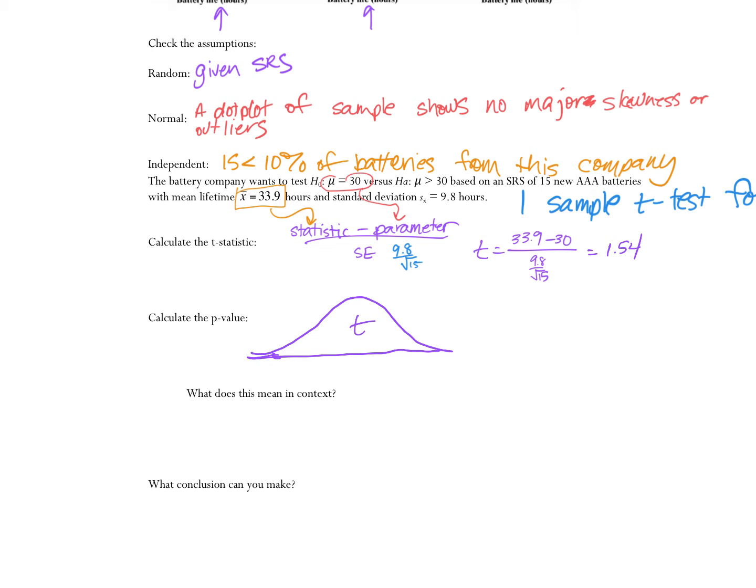And what we always wrote down was the mean of our t's, which is 0, because the mean of all the t graphs, just like the mean of all the z's, is 0. The standard deviation we never write down. Instead, we write down the degrees of freedom. What is the degrees of freedom for a t graph? n minus 1. So what would it be for this t graph? 14. Okay. And then I can do my 1.54, and I'm going to shade to the right.